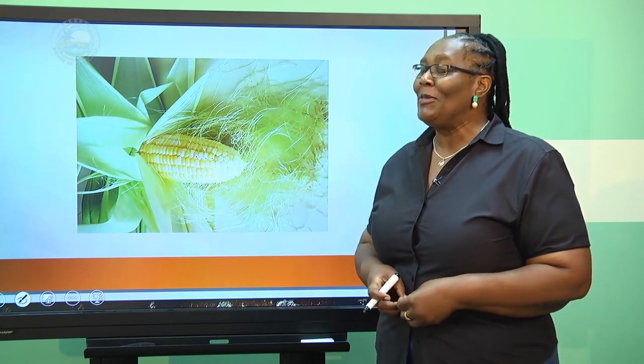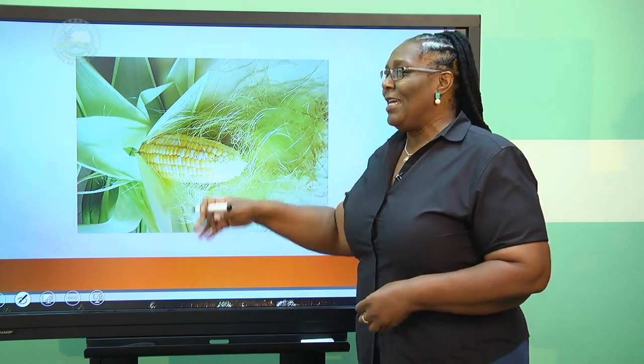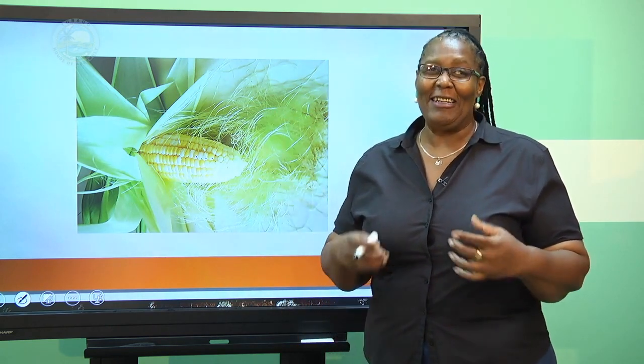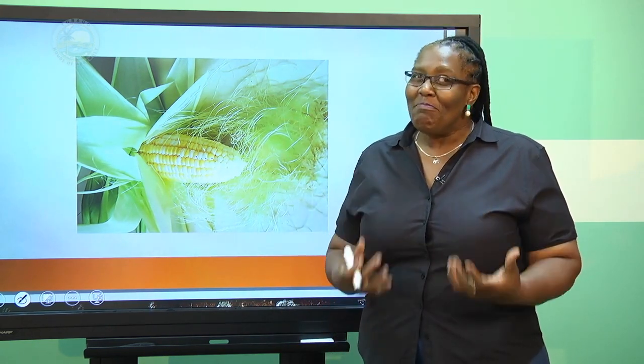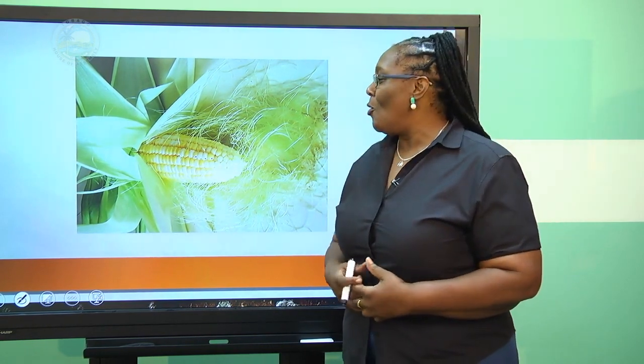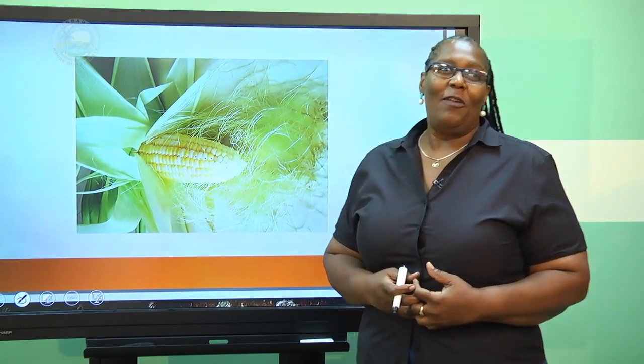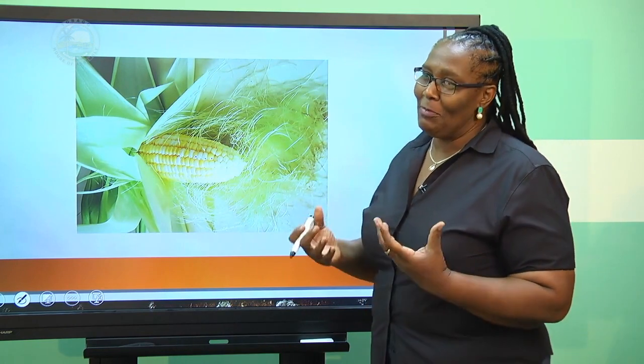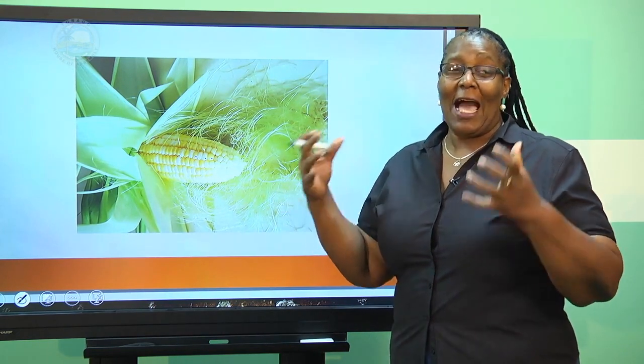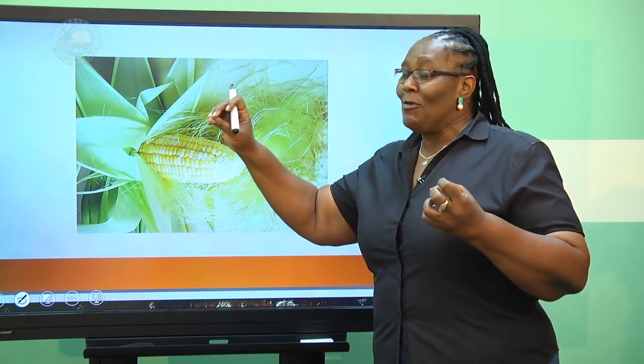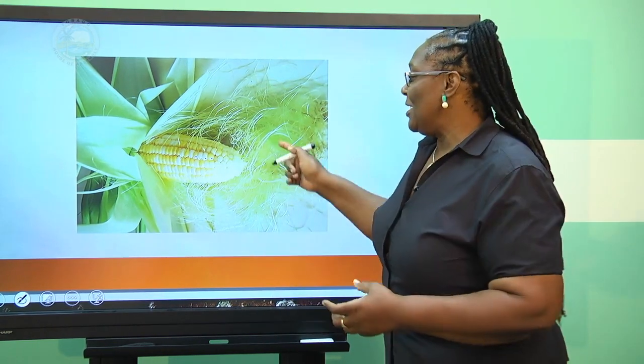So when you see people planting corn, one here and the other one 6 feet away, you understand that maybe they don't understand how this process of fertilization occurs. And that's why sometimes the corn looks very, very scanty. You find one corn seed here and the other corn seed there. So this is quite interesting.